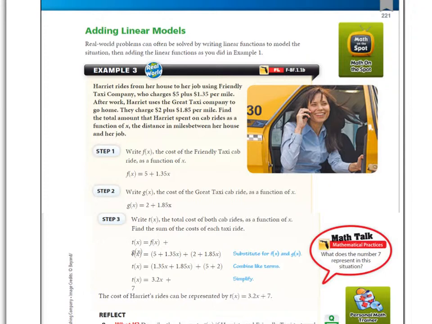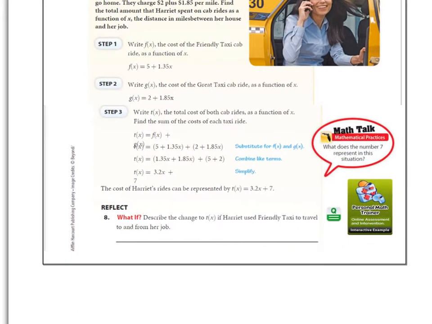Well, total means you're going to be adding, so they're writing it as t of x, the total, adding f of x together with g of x. So we have f of x, which is 5 plus $1.35x, added to g of x, 2 plus $1.85x.